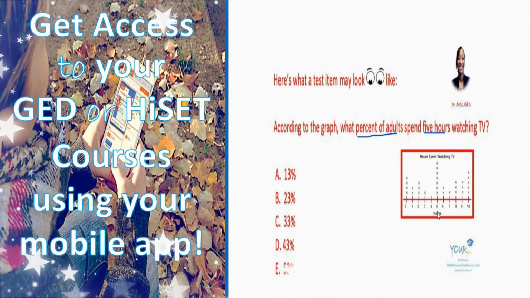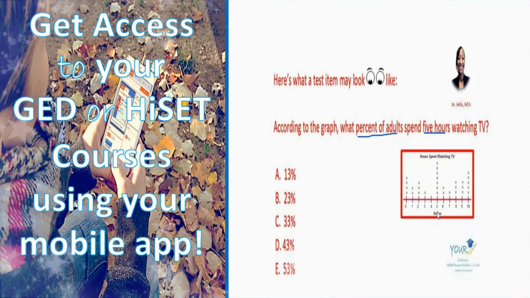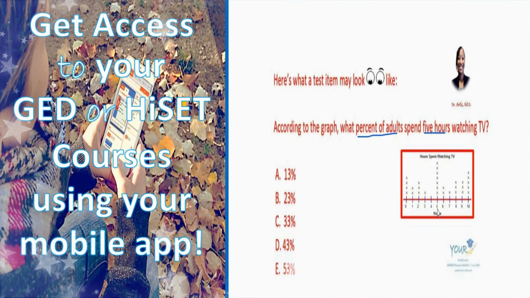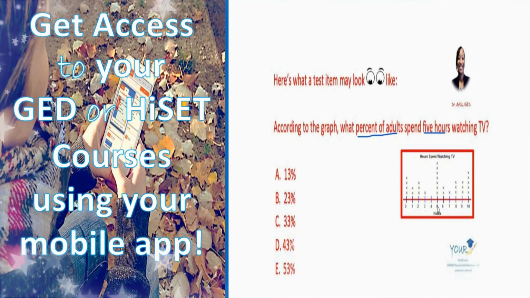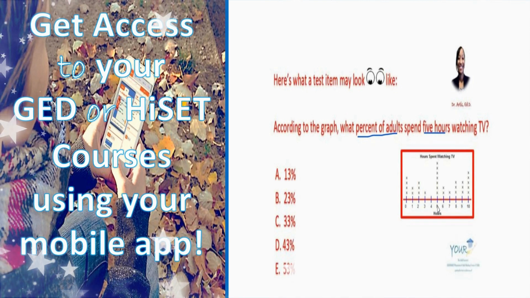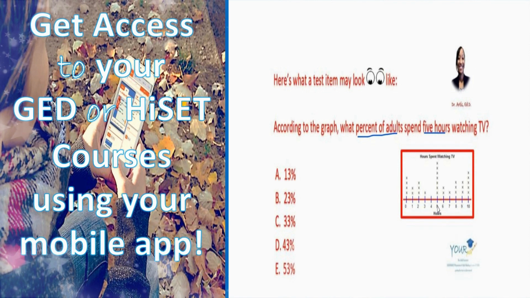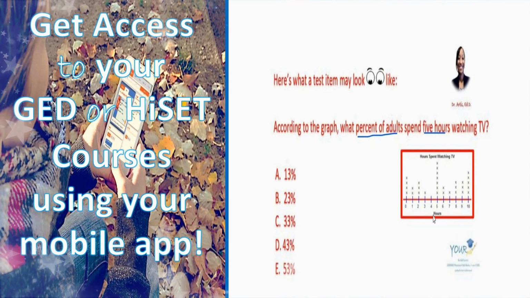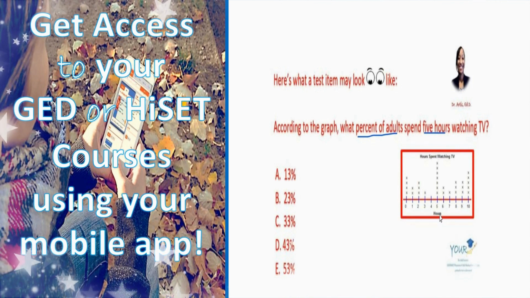So when we come here to our graph and we locate 5 on the graph, we see that it has the highest number of adults. However, we're only concerned about the percent of adults that spend this amount of hours watching TV.